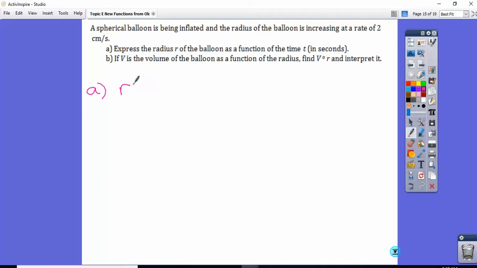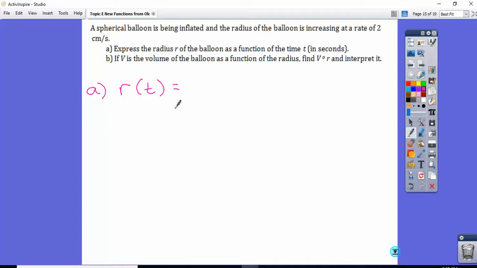So I'm asking you to write an equation, R of t, radius as a function of time. Essentially, this just means give me an equation for the radius using t as your variable. So what would it be?